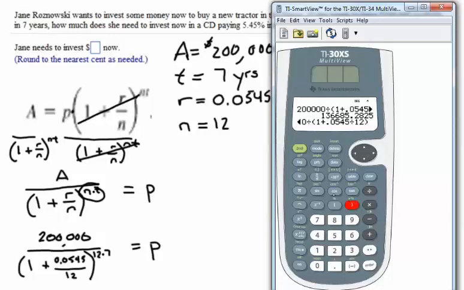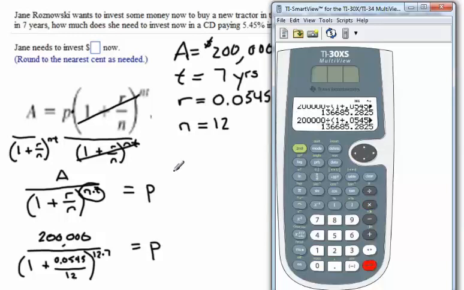Close the parentheses, use your exponent button, which on this calculator is the little caret symbol that's in red on the screen. And then on some calculator models, it is important that you put parentheses in the exponent, 12 times 7, close parentheses.